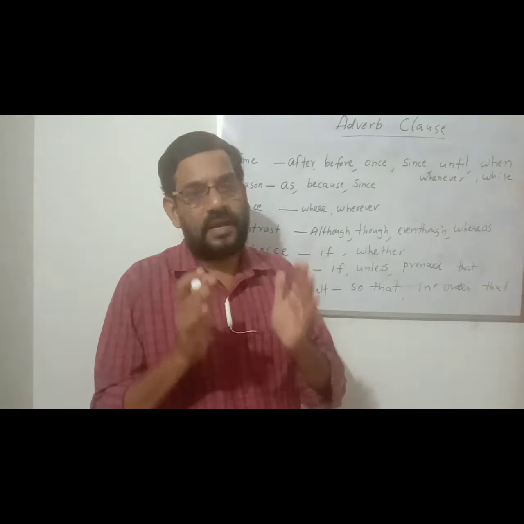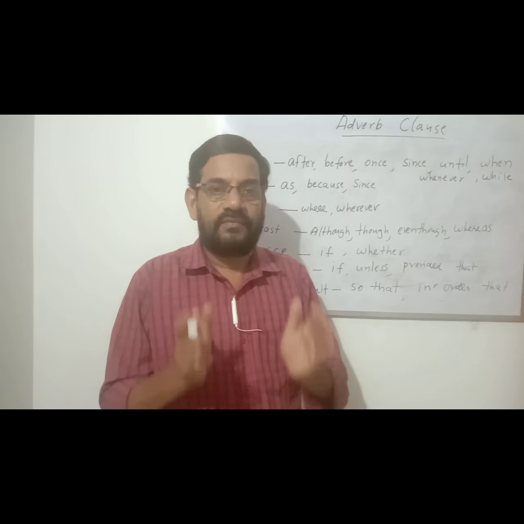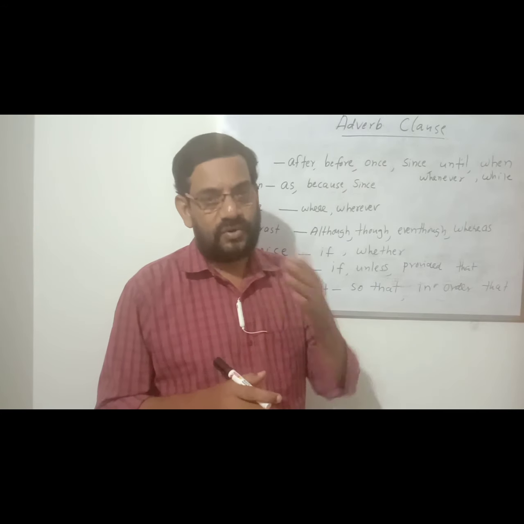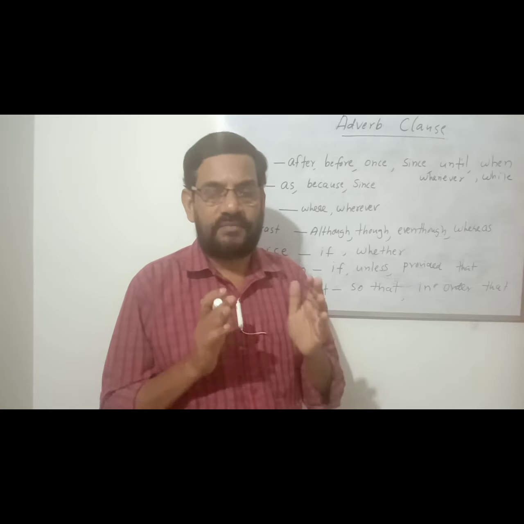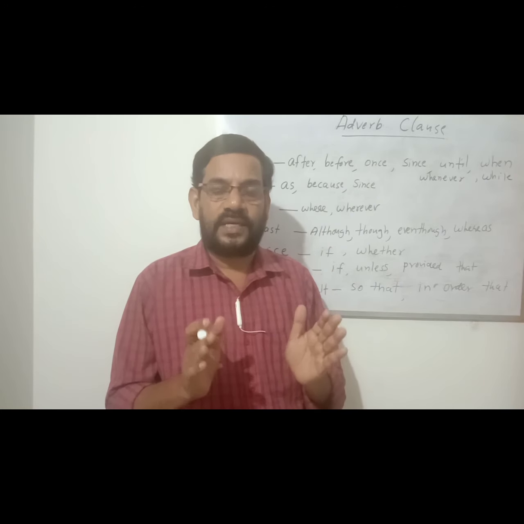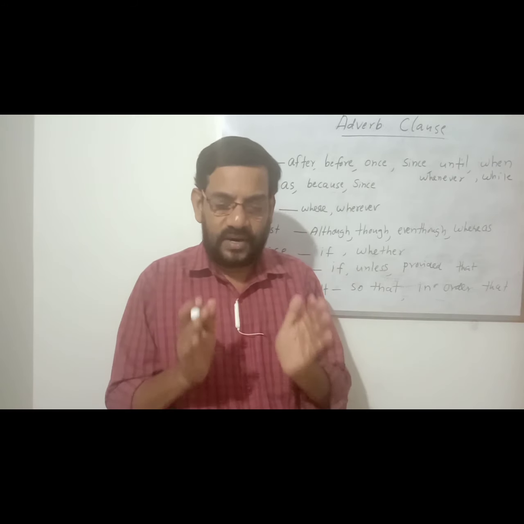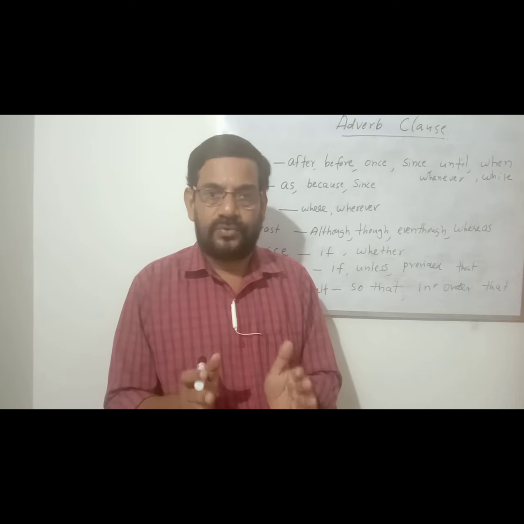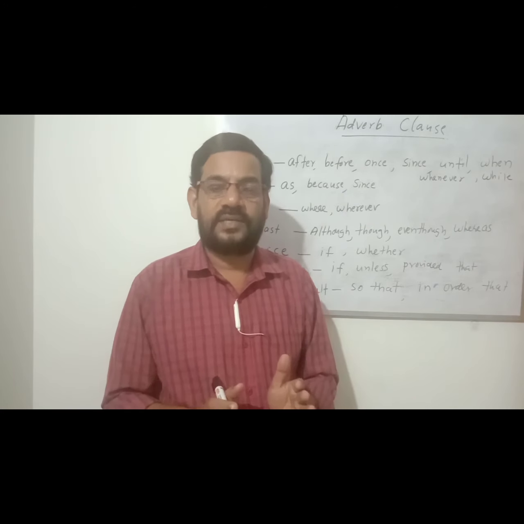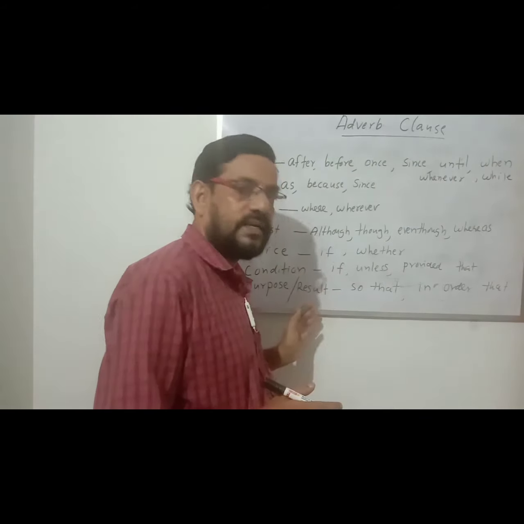While choosing them, we have to thoroughly examine what type of mode is given, whether it is contrast or time or place or reason or purpose. So we have to observe the sentence and see which subordinating conjunction to use to make adverb clauses of these types.